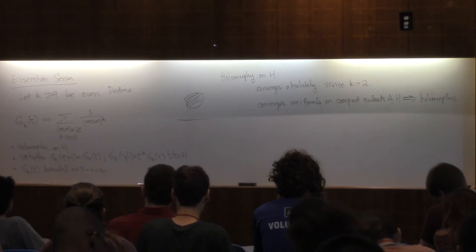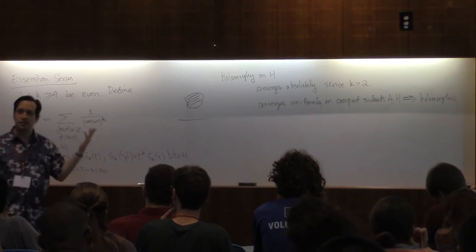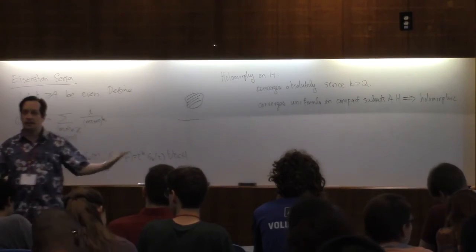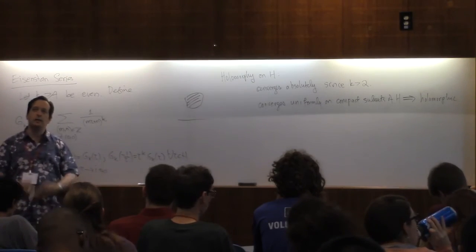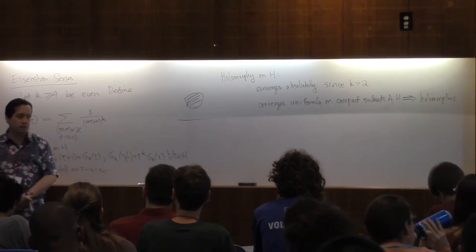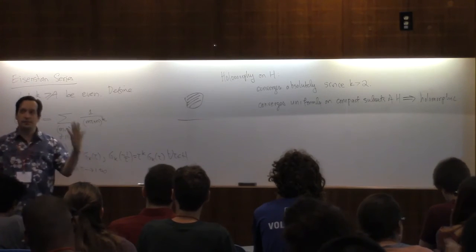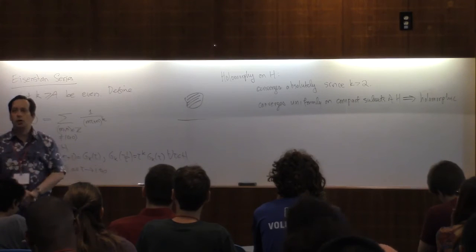So the series converges uniformly on every compact subset, and there's a fundamental theorem in complex analysis that any sequence of analytic functions on some region in the plane that converges uniformly on compact subsets has a limit function that is itself holomorphic.